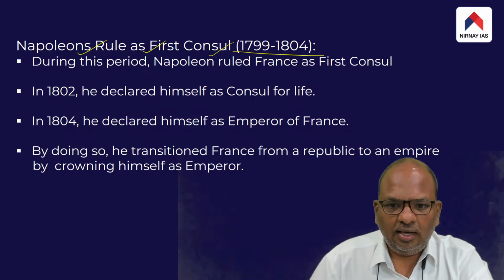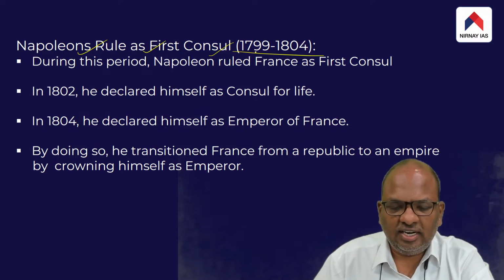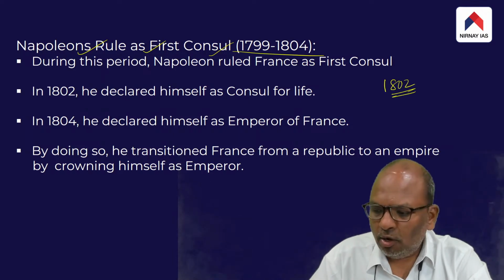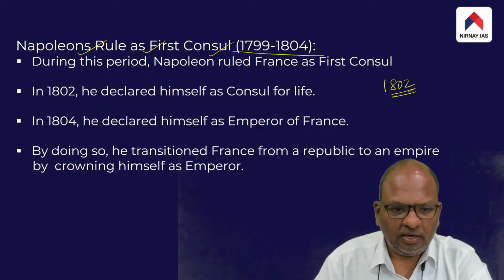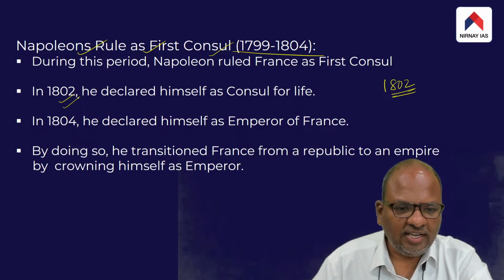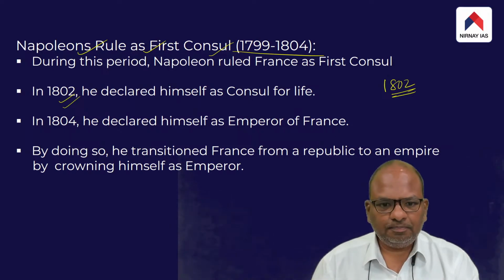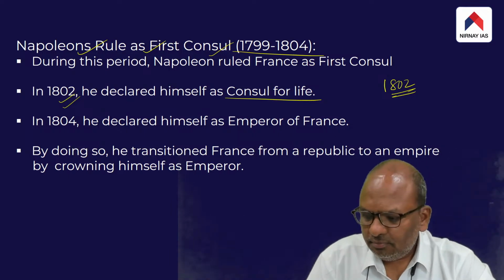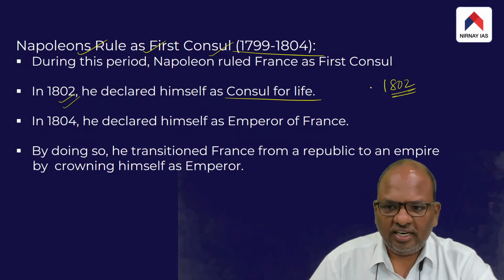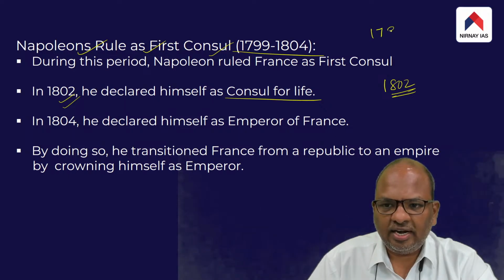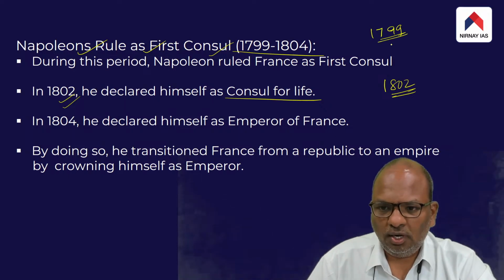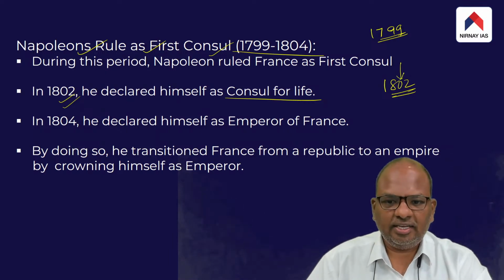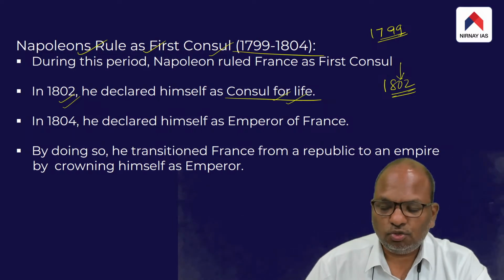So basically, between 1799 to 1802, Napoleon ruled as the first consul, but by 1802 Napoleon felt emboldened and declared himself a consul for life.